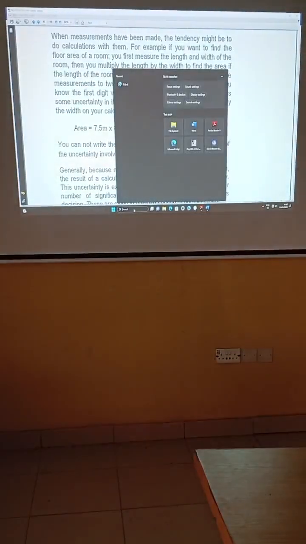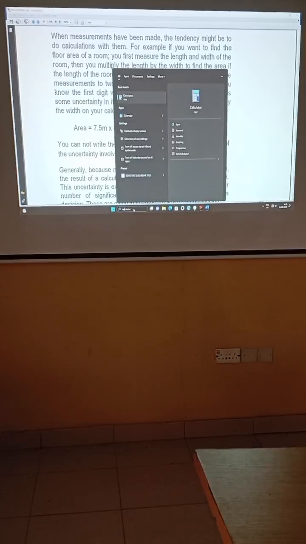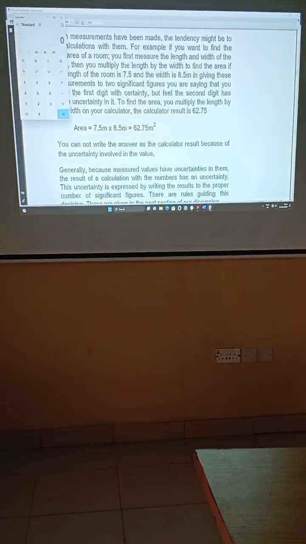Let us activate our calculator and see. Let's say 7.5 multiply it by 8.5. Let's see what we are going to have. Okay, we have the exact value, and there is an error here. It should be 63.75, not 62.75.